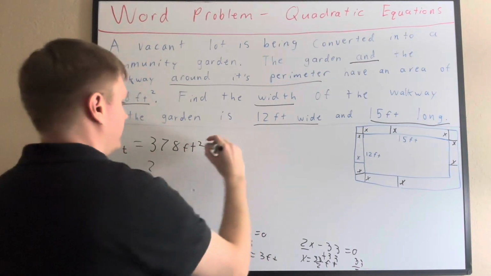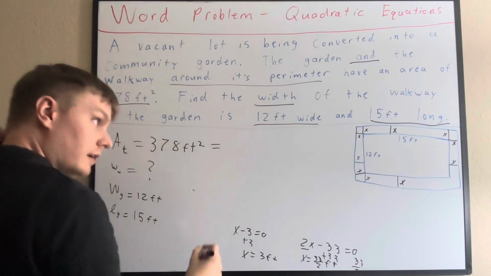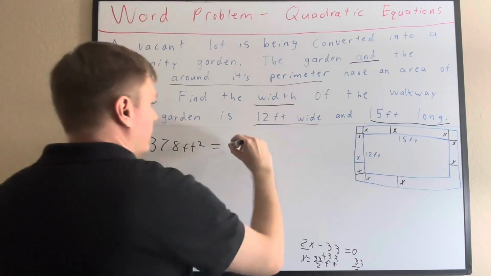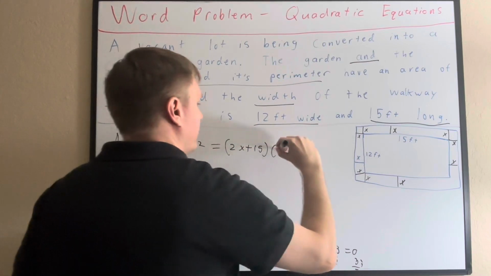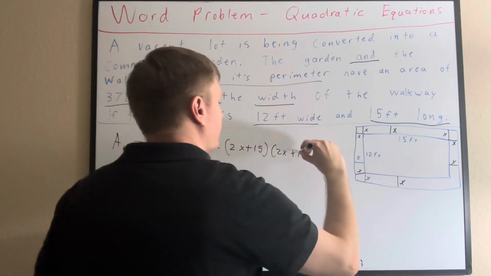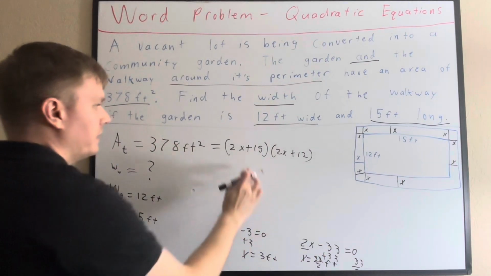Our total area, 378 feet squared, equals 2x plus 15 times 2x plus 12. That was our original equation. Let's plug 3 in there.